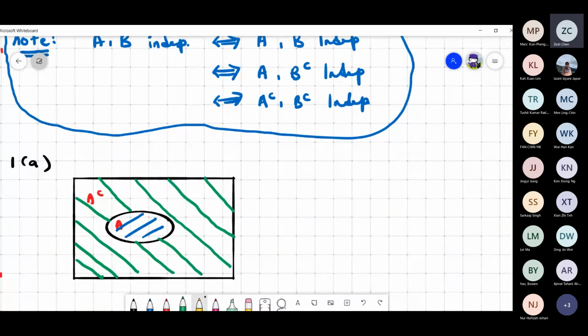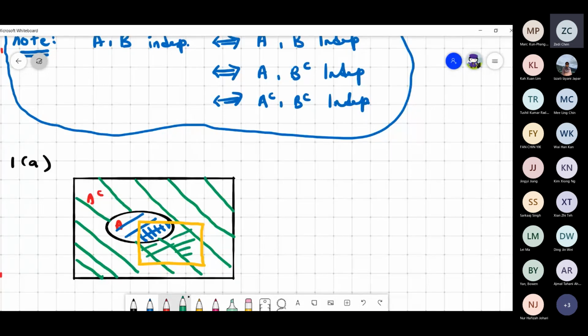Then let's say this is our B. You can see this B consists of two portions. One portion will be here, and the other portion will be this, right?